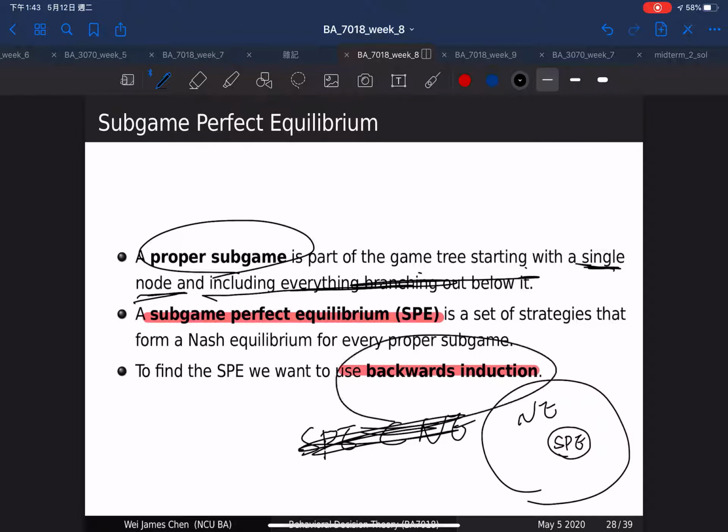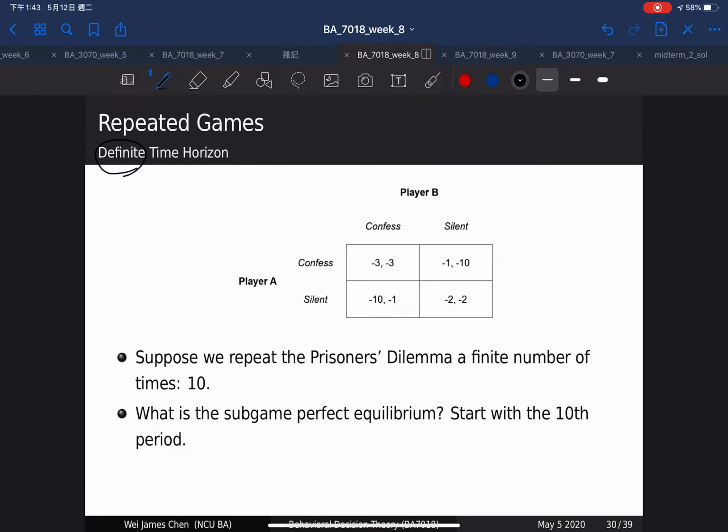Okay? So imagine that we have 10 PD. So we play PD1 and PD2 and so on to PD10. How do we do the backward induction? Where should we start? The first prisoner's dilemma or the last prisoner's dilemma? The last. Yes, that's how we call it backward, right?